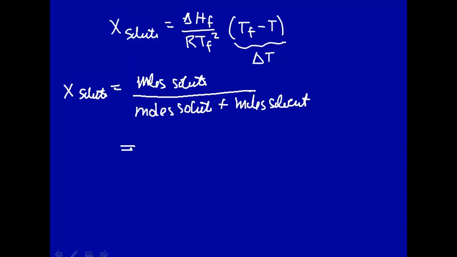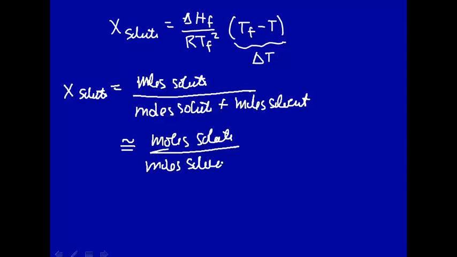And we're going to say that's about equal to the moles of solute divided by the moles of the solvent when we have a dilute solution. Dilute solution means the moles of the solute is much less than the moles of the solvent, so this sum is about equal to the moles of the solvent.